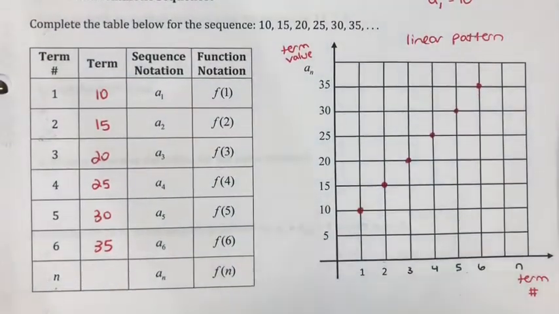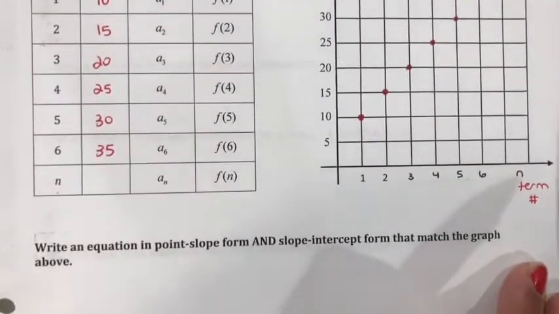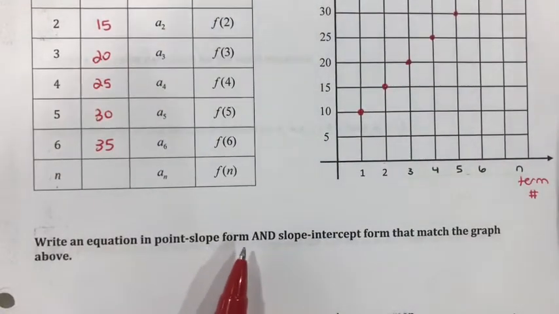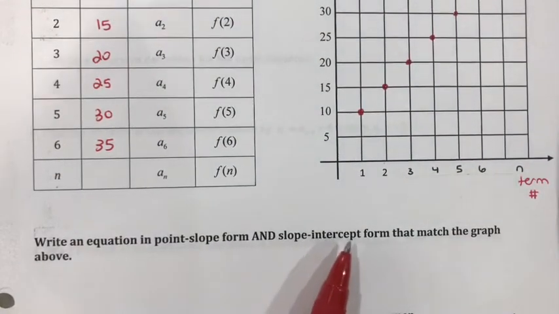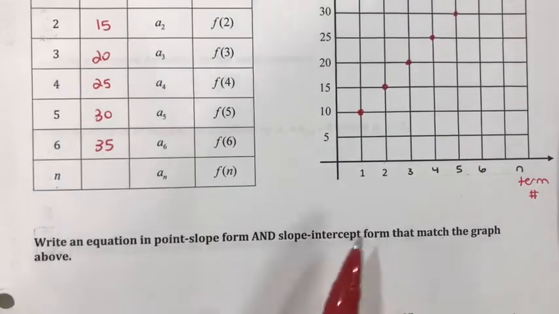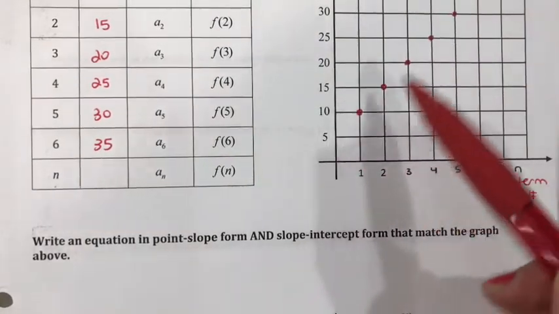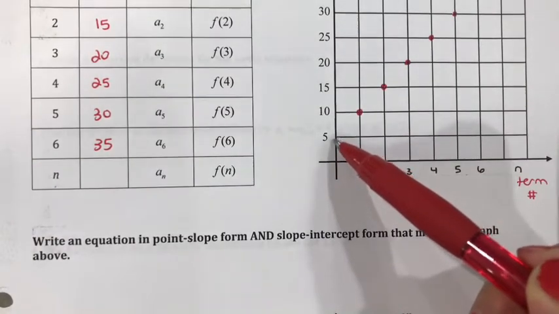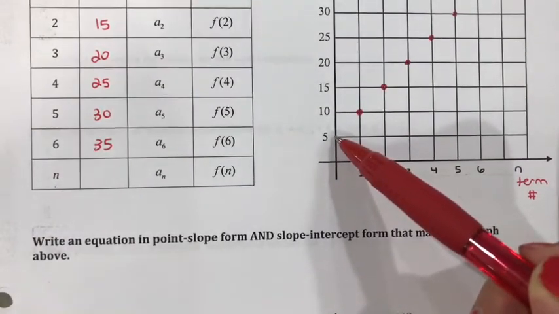Okay, now the next thing we're asked to do here is write an equation in point-slope form and slope-intercept form that matches the graph above. Now, if I were to draw a line going through, and I'm not going to do that right now, but I would notice the y-intercept is 5, okay?